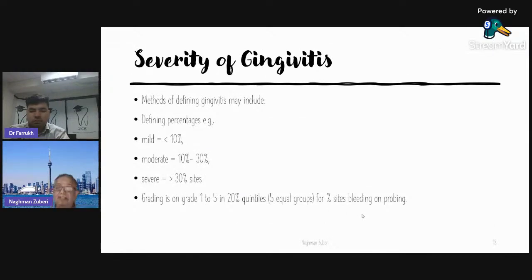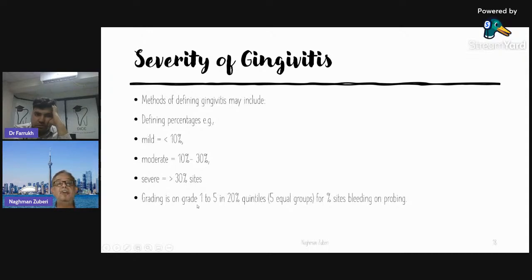Severity of gingivitis. Methods of defining gingivitis may include defining the percentage, for example, in mild cases less than 10% of sites, moderate 10% to 30% of sites, severe more than 30% of sites.